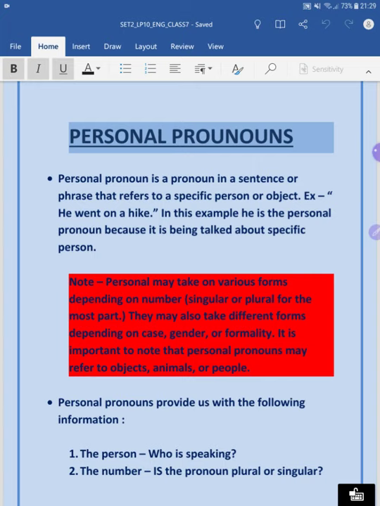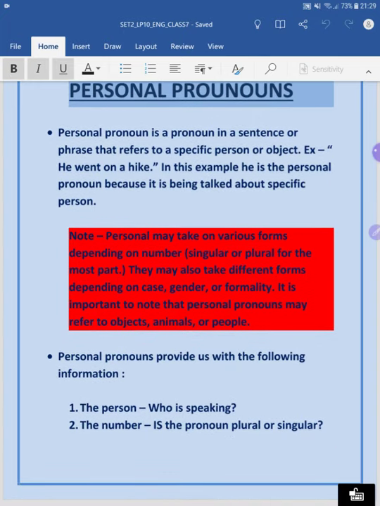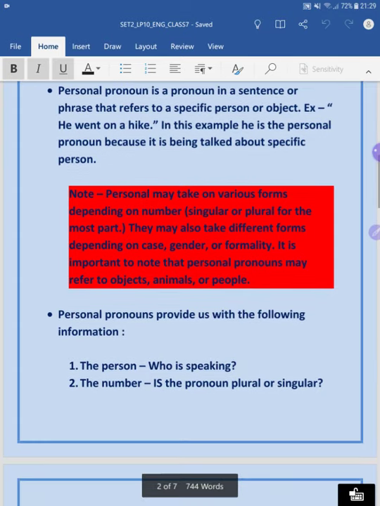Now you may note that personal pronoun may take on various forms depending on numbers, that is either a singular or plural for the most part. They may also take different forms depending on case, gender, or formality. It is important to note that personal pronouns may refer to objects, animals, or people.